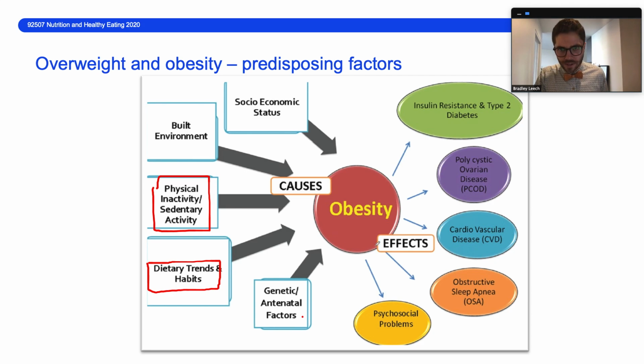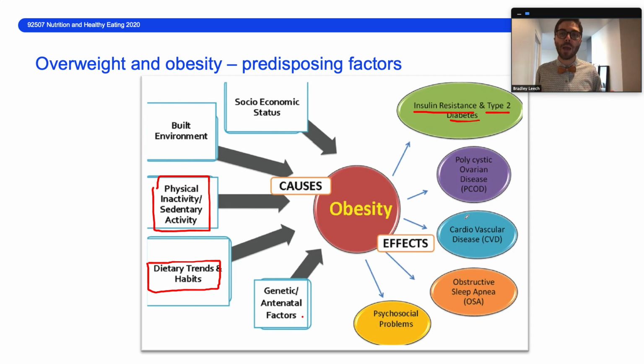So you've got obesity, right? But what is the effect of obesity? So obesity can result in, we alluded to this earlier, insulin resistance and type 2 diabetes. It can contribute to a particular hormonal condition which is quite prevalent among young females, polycystic ovarian syndrome or polycystic ovarian disease.